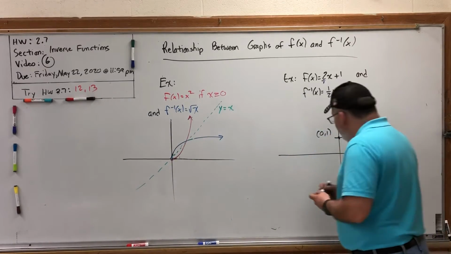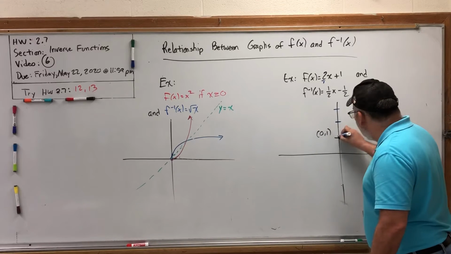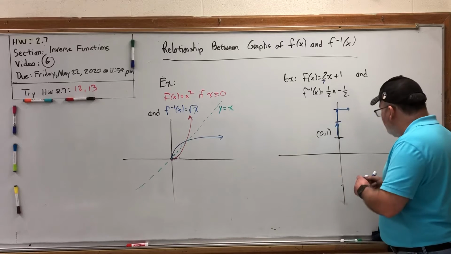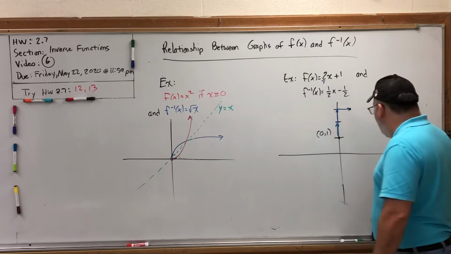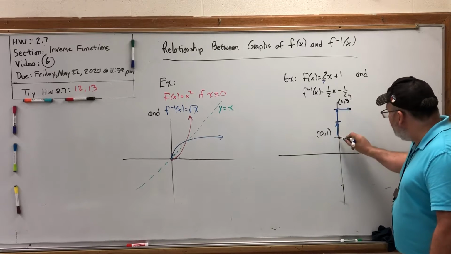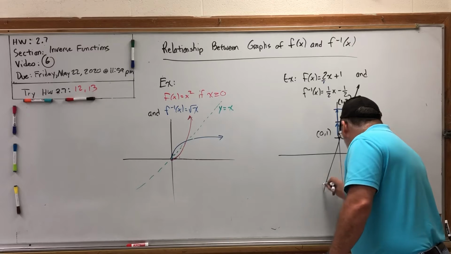I'm trying to get different colored markers here. If we rise 2 and run 1, that will put us at this point. I believe that point is 1, 3. And we can draw our line. Looks like that.